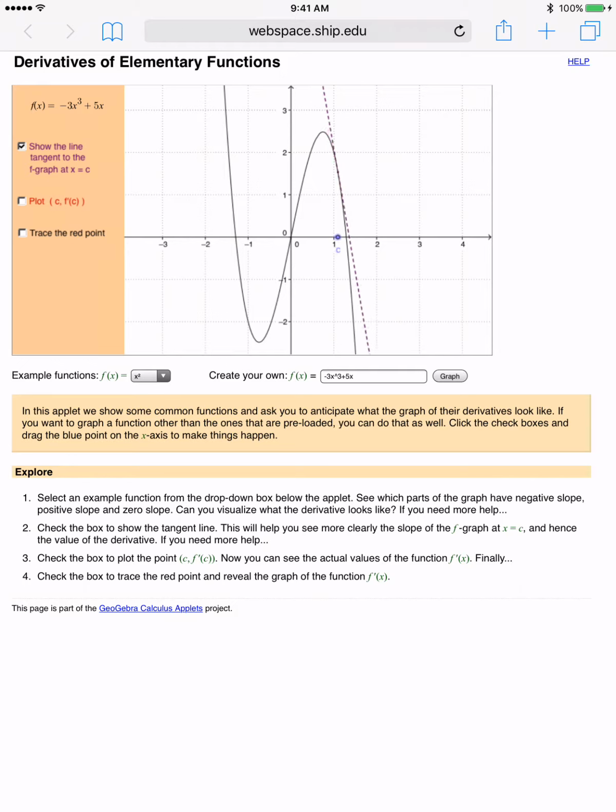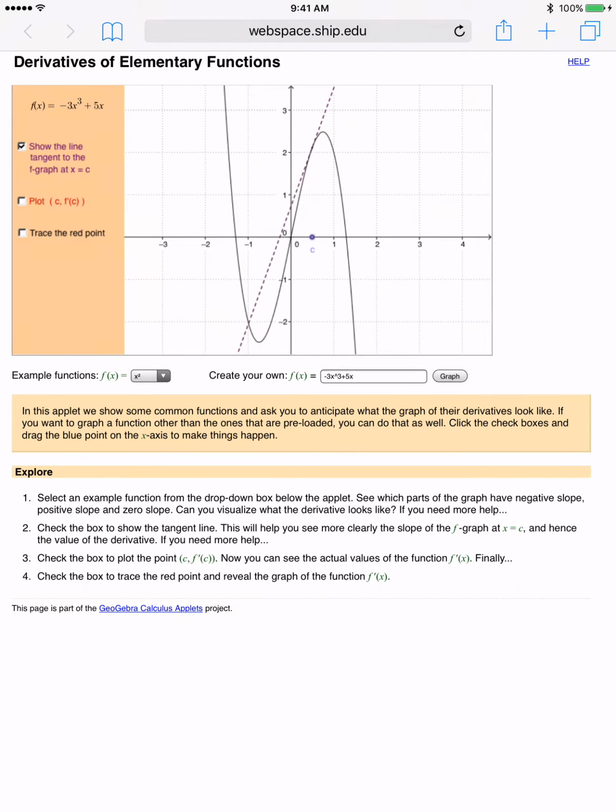Let's see, is there another value for which the tangent line is horizontal? Oh, it looks like about right here. So maybe around -3/4 as well.